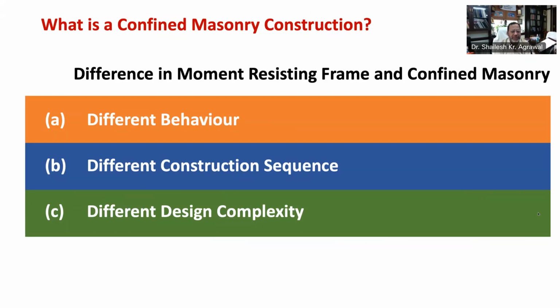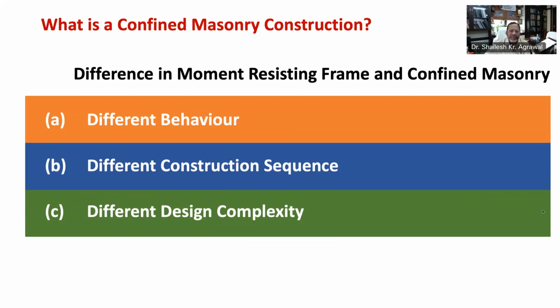These unreinforced masonry houses perform well under gravity loads but experience significant damage during earthquake shaking because masonry cannot take any tension that develops during earthquake shaking, whereas RCC moment resisting frame houses are classified under moment resisting frame system. RCC frames are infilled with unreinforced masonry wall in some countries like India, whereas with engineered infills in other countries such as New Zealand. Second is different construction sequence.